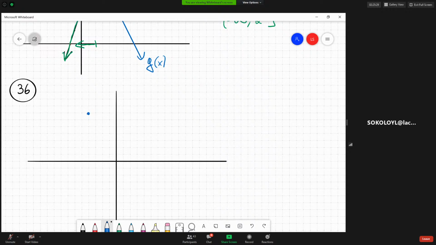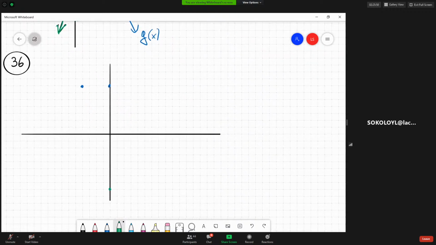We have 0, 7. Then we also have 0, -8, 1, 2, 3, 4, 5, 6, 7, 8. Then we have 7, -8.